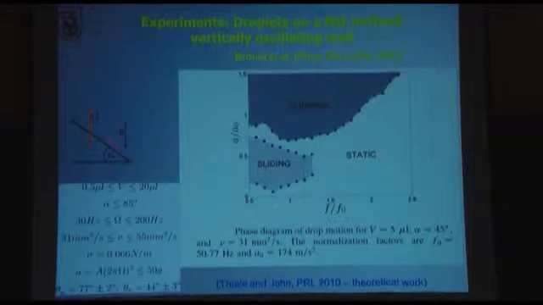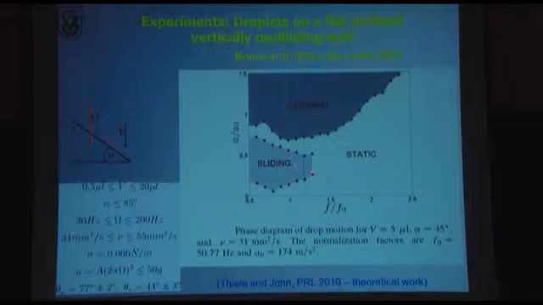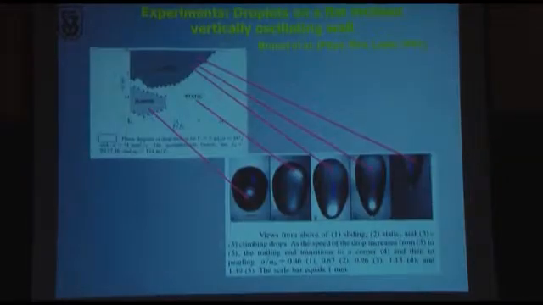We go from zero amplitude, meaning zero acceleration, and increase it and see what happens. As we see from this phase diagram, for sufficiently small accelerations it will stay, then it will go down, then it will stay again, and then it will climb up. So let's see what happens.